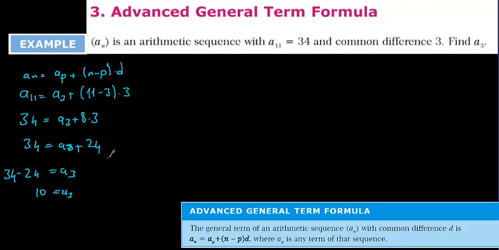This is one way to find the solution of the question.